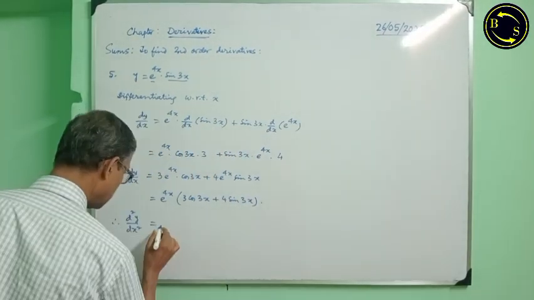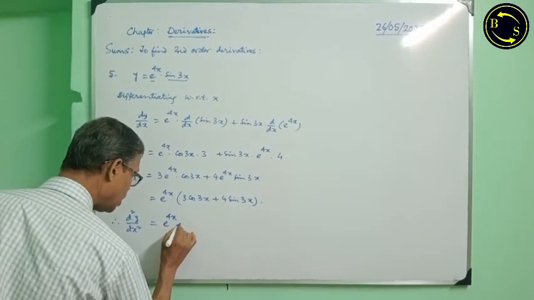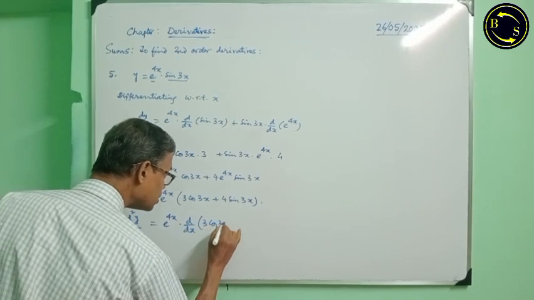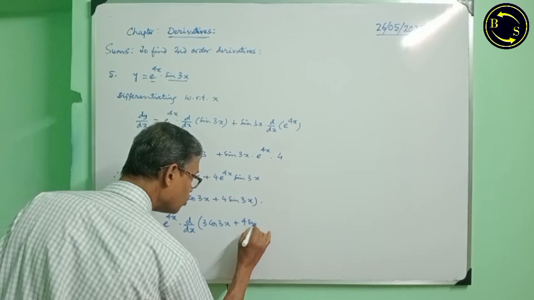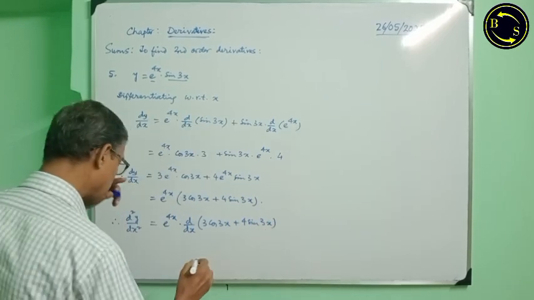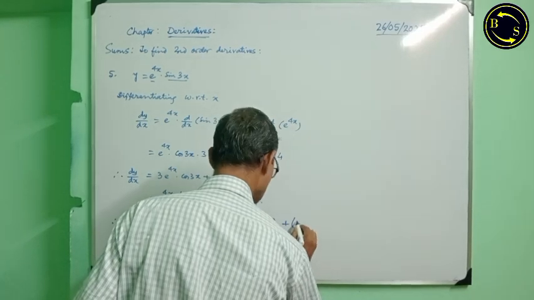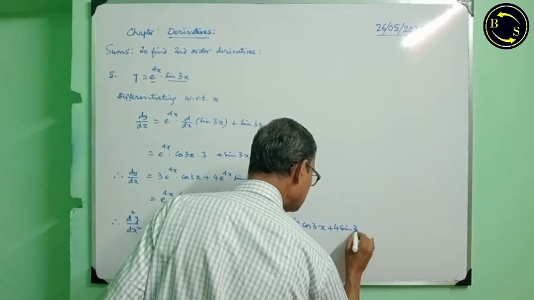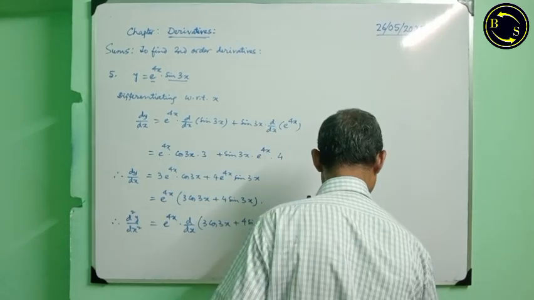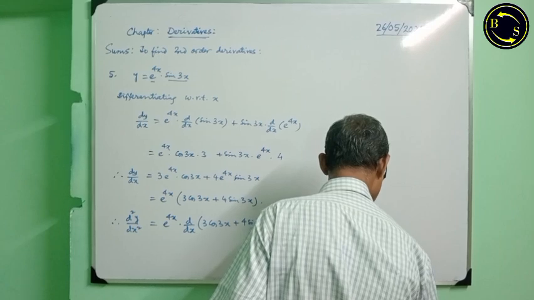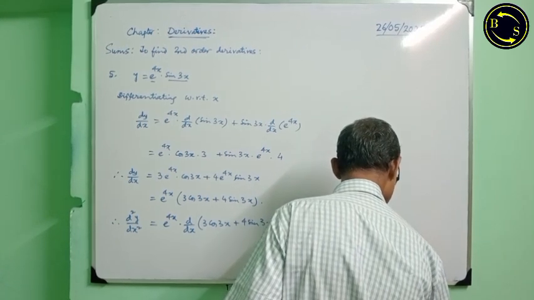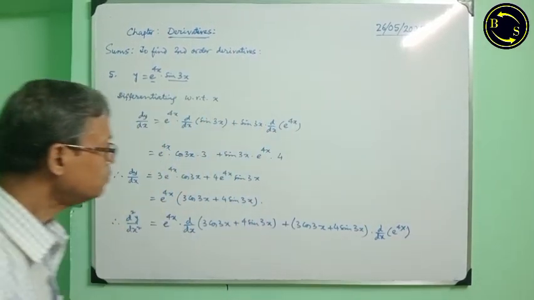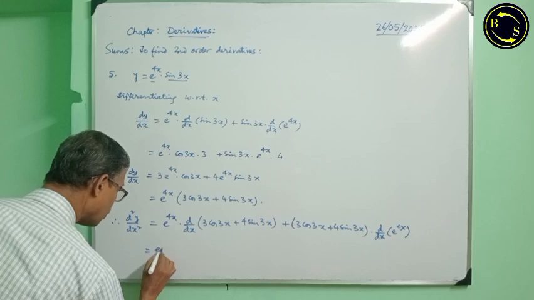Therefore, e to the power 4x into d/dx of 3 cos 3x plus 4 sine 3x, plus 3 cos 3x plus 4 sine 3x into d/dx of e to the power 4x.